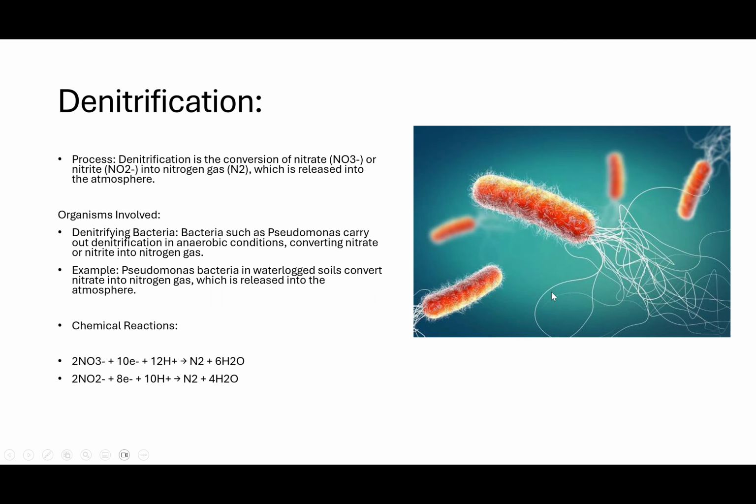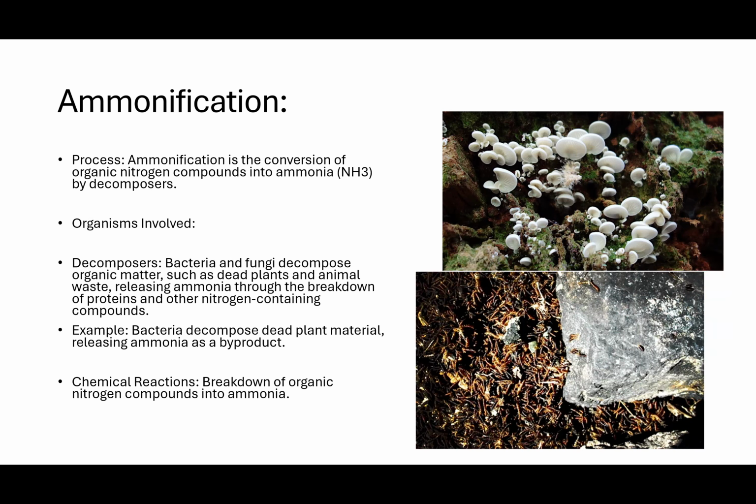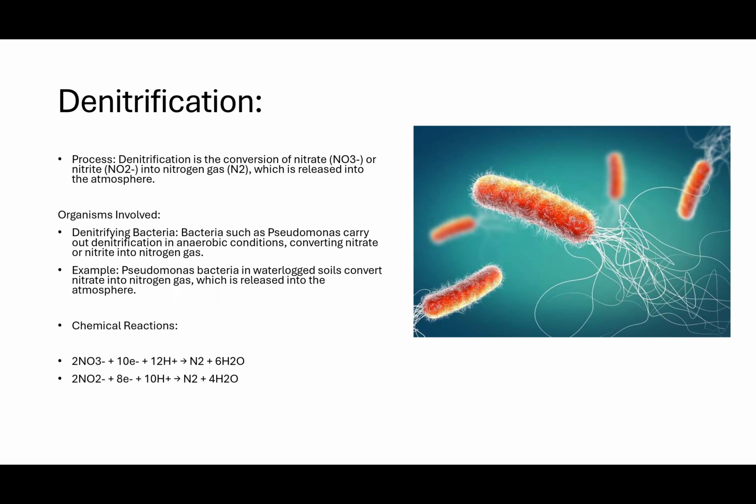And then we have denitrification now. Pseudomonas is one thing that can assist in ammonification. Sorry, it's not on the slide, but I just mentioned it. And Pseudomonas can also help in denitrification. So in denitrification now, we're going to have the conversion of nitrates and nitrites back into inorganic nitrogen as a gas.